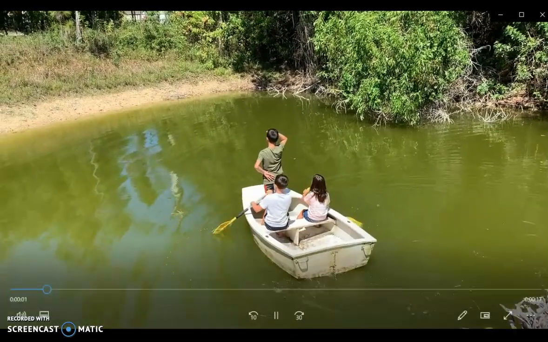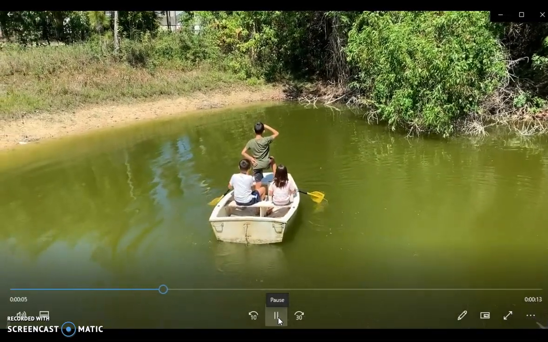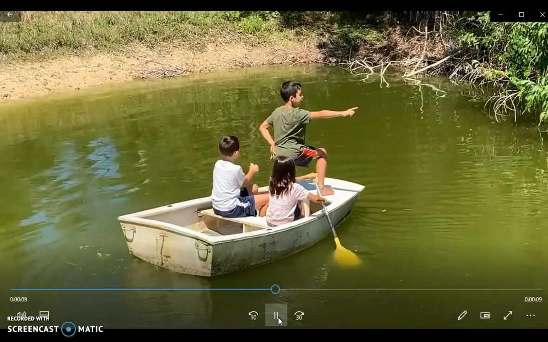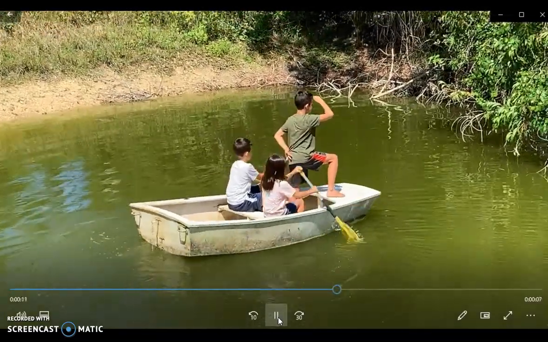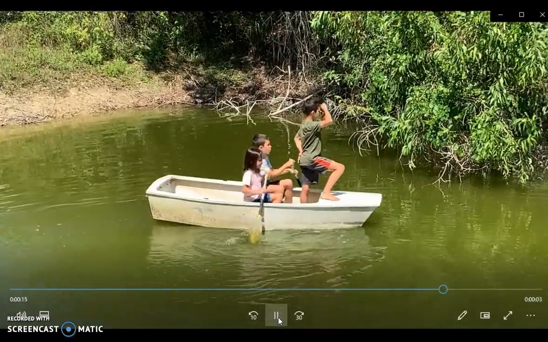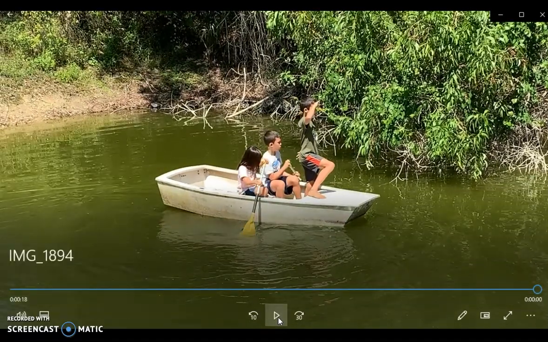All right, for our next one, I have my three knuckleheads in our pond in their little rowboat. They are paddling, and the paddles are pushing backwards in order to propel them forward. If you notice that, actually part of Newton's second law is also in here as well.